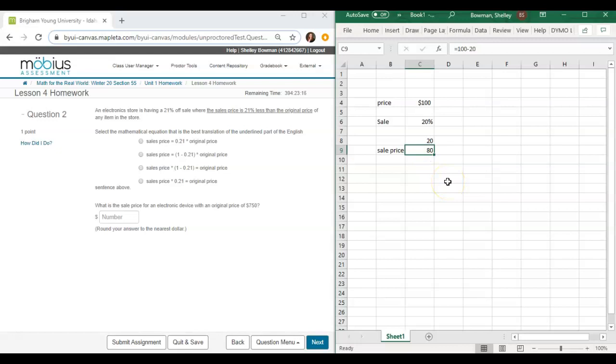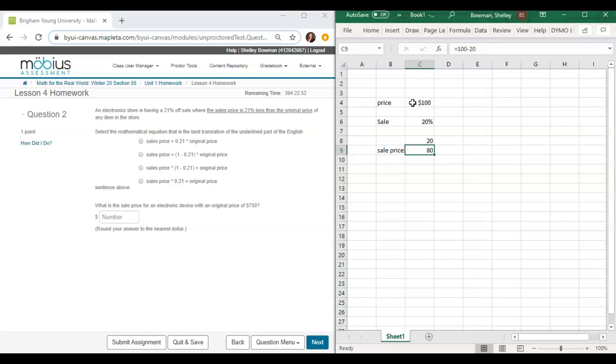Now, there's a faster way of doing this instead of breaking it up. And when you're in the store, it's actually more friendly to do it this way, which is to say the price of whatever I'm buying, $100, is the total. It is 100% of the total.